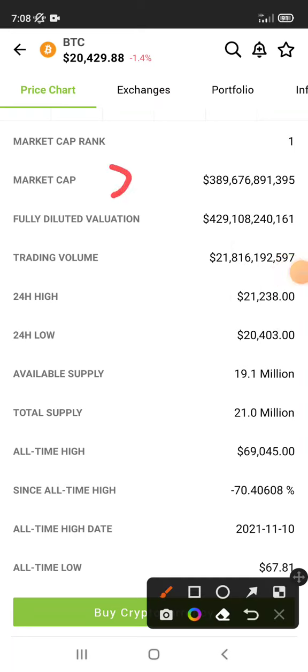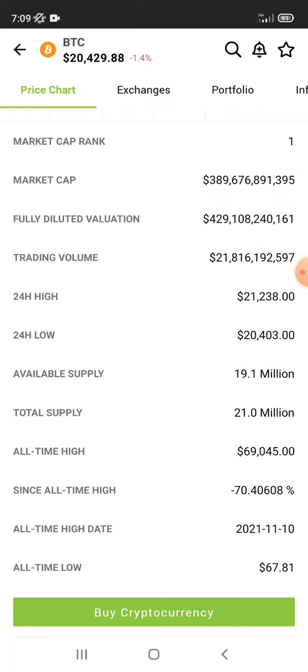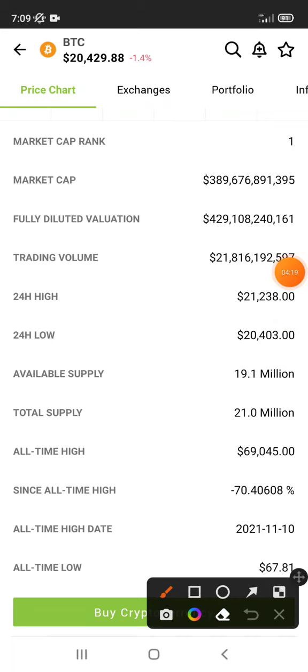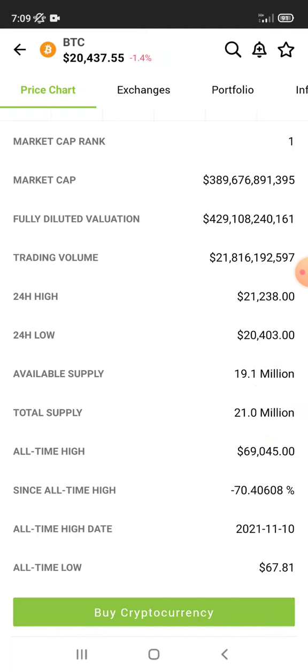So let's go to the next one, which is fully diluted valuation. We also call it fully diluted market capitalization. From the name, fully, it means you are going to multiply the current price with the full supply, which is the total supply. The first one was the current price multiplied by the available supply. Now you are going to multiply it with the total supply.